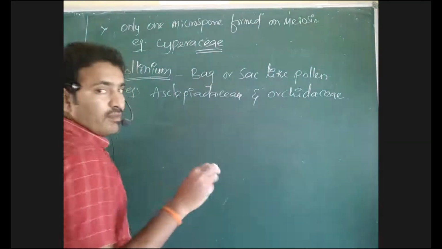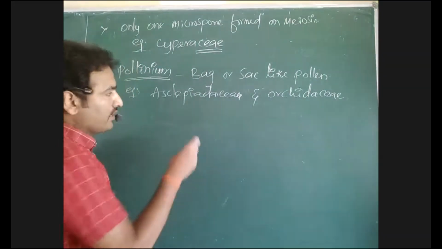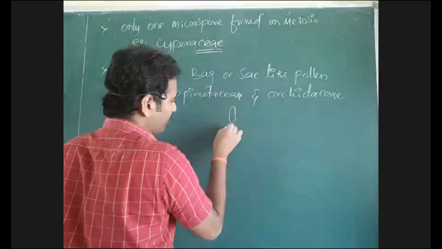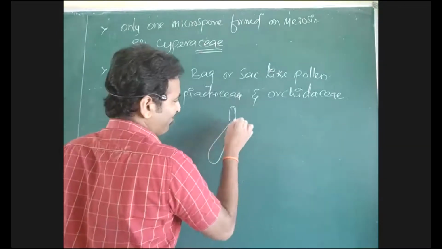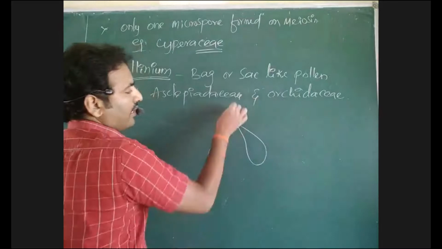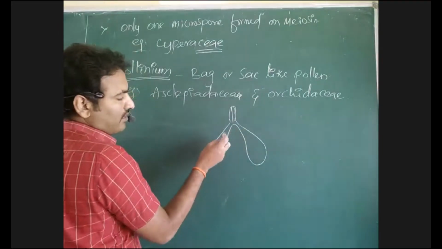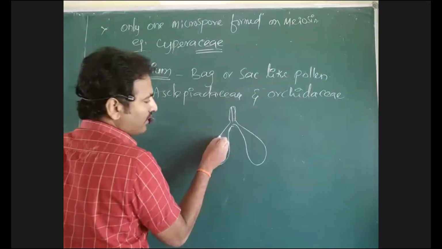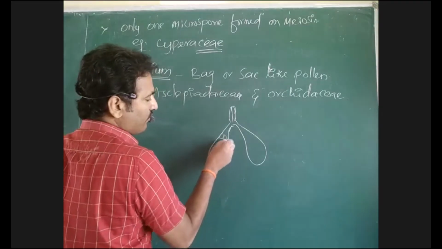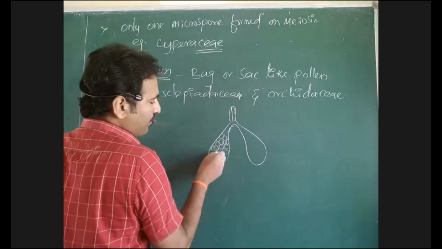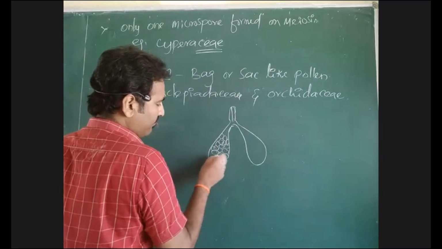Usually pollen grains will be in the form of tetrads, but here a pollinium is formed. A sac-like structure is formed, and inside this sac a number of pollen grains are present.